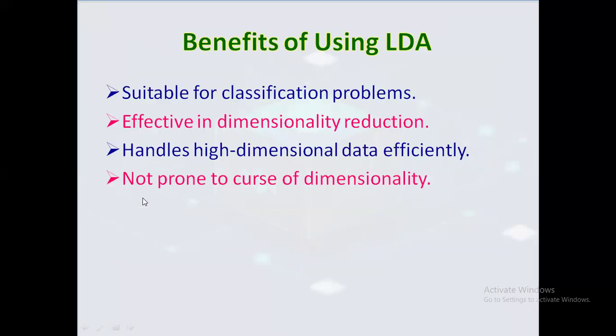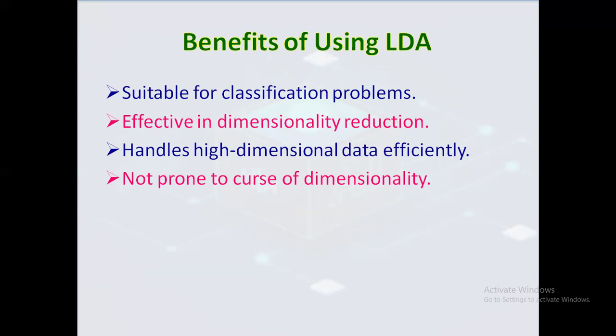It also serves as a dimensionality reduction technique, which can help to reduce computation time and improve model performance. LDA is particularly effective with high-dimensional datasets where other algorithms struggle due to data sparsity and overfitting. Unlike many machine learning techniques, LDA is less affected by the curse of dimensionality, making it a robust choice for large feature spaces.